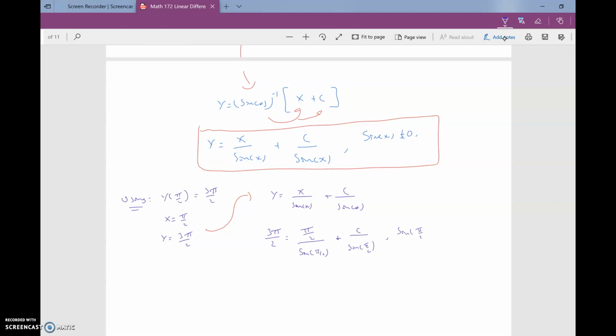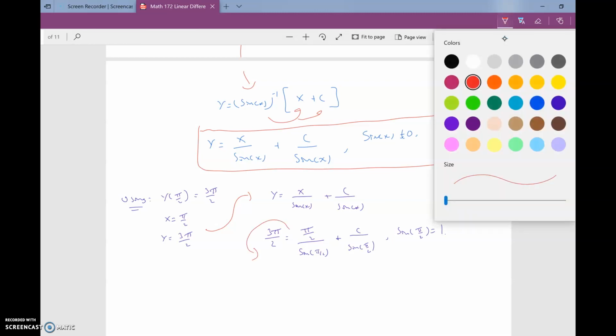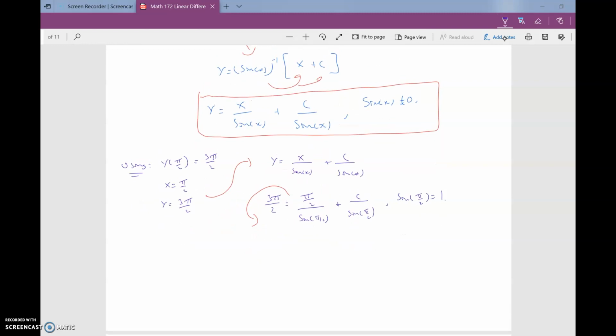And the sine of pi over 2 is equal to 1. So the previous equation is actually going to simplify to 3 pi over 2 is equal to pi over 2 plus c over 1.